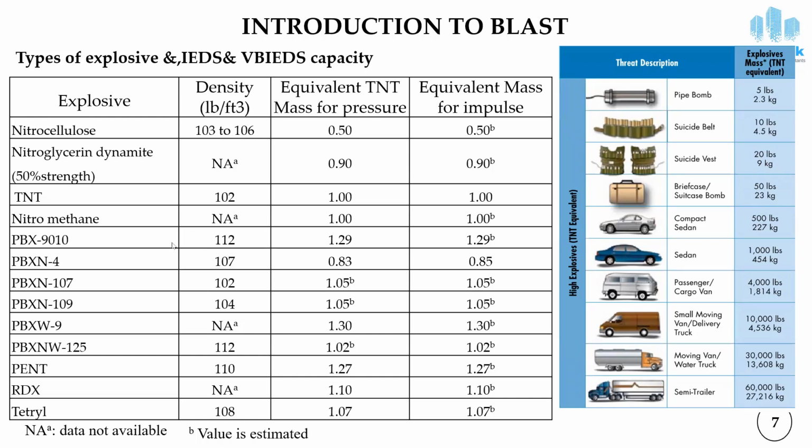For example, if you have 10 kg of RDX and you want to convert it to TNT, you just have to multiply 10 kg by 1.1. So it is almost 11 kg.